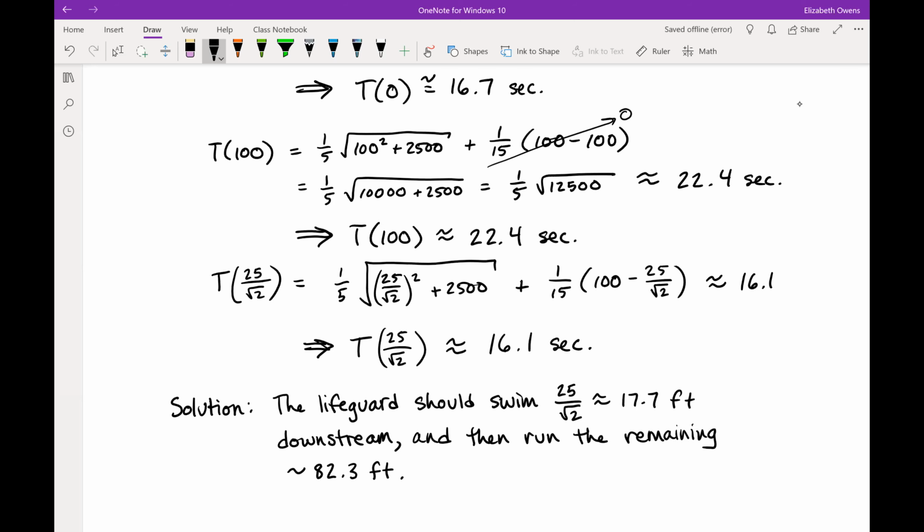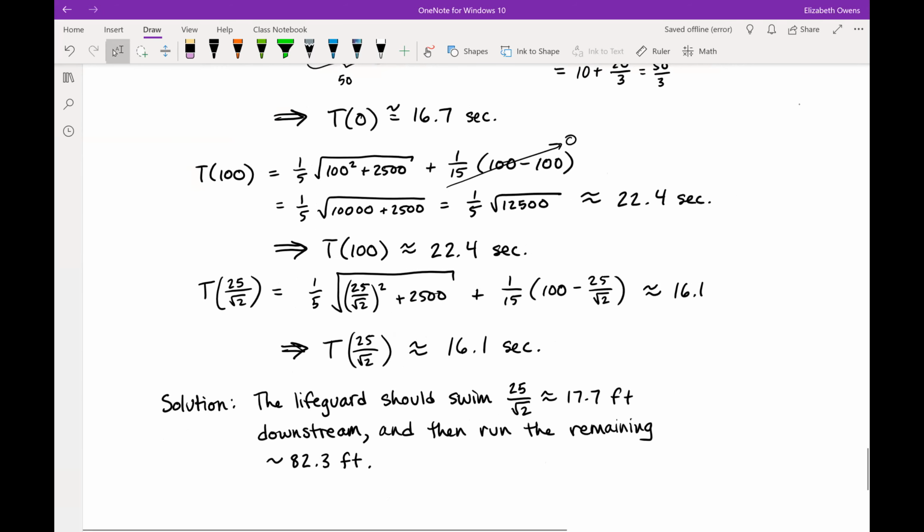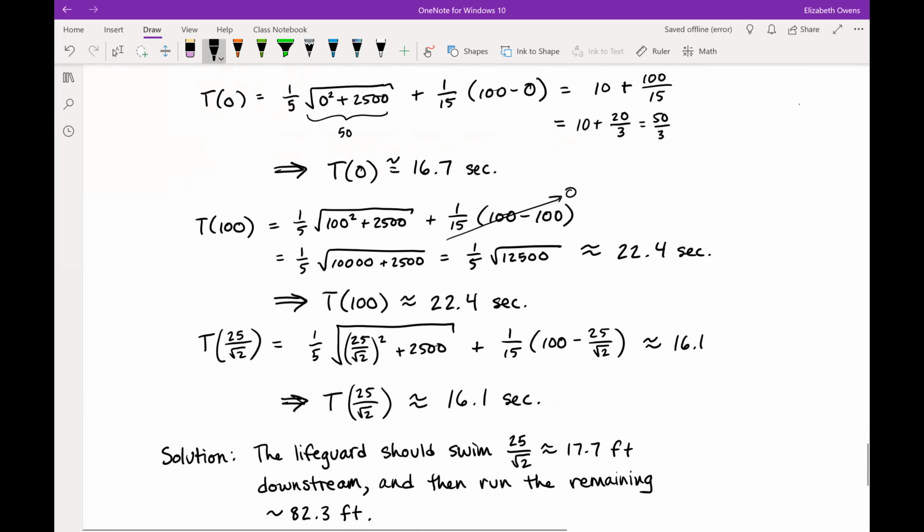Okay, what a problem. Now remember, of course, as I mentioned at the start of the video, if you're in this situation, don't worry about your optimal path. Just get to the person as fast as possible. But notice that swimming part of the way, running part of the way turns out to be the fastest path, closely followed by swimming straight across the river and then running the rest of the way, because this particular lifeguard is a much faster runner than they are swimmer.